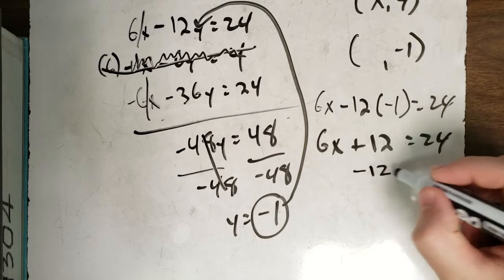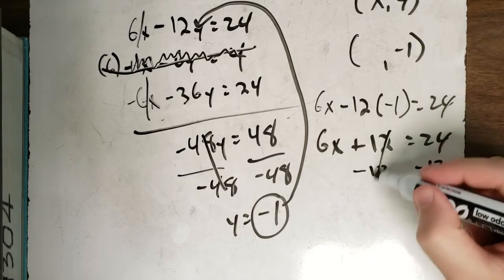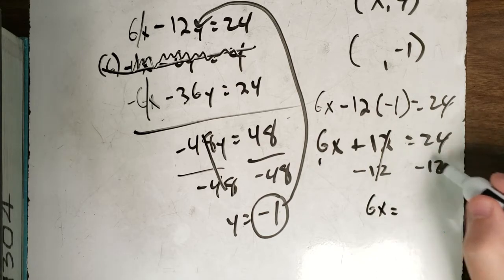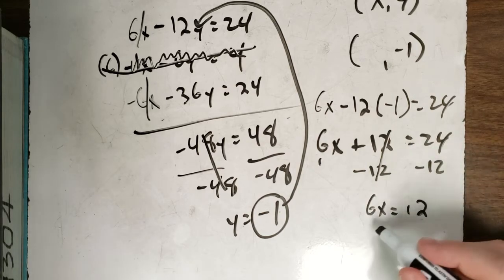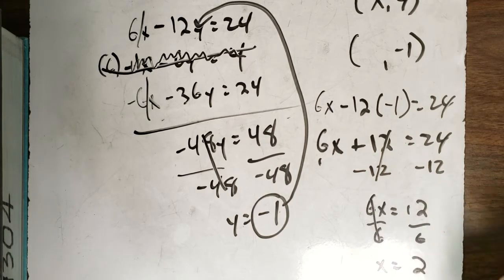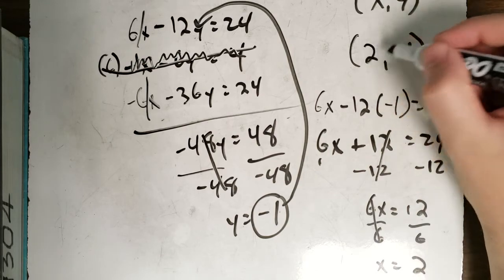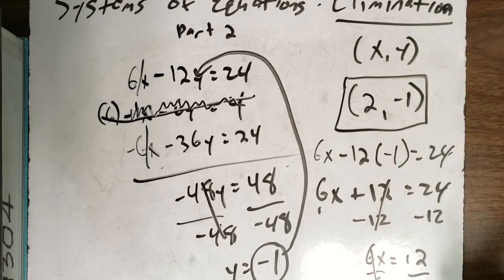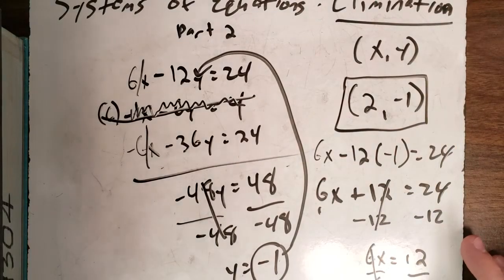It's positive, so minus 12 here, minus 12 here. That cancels. Bring down our 6x. 24 minus 12 is 12. Last step, divide by 6 on both sides, and x equals 12 divided by 6, which is 2. So our x is 2, and our final answer is 2, negative 1.